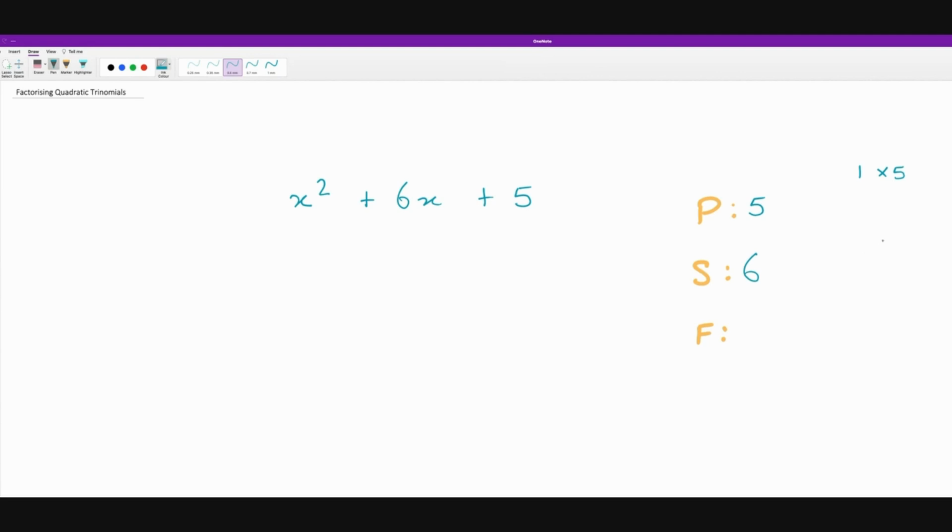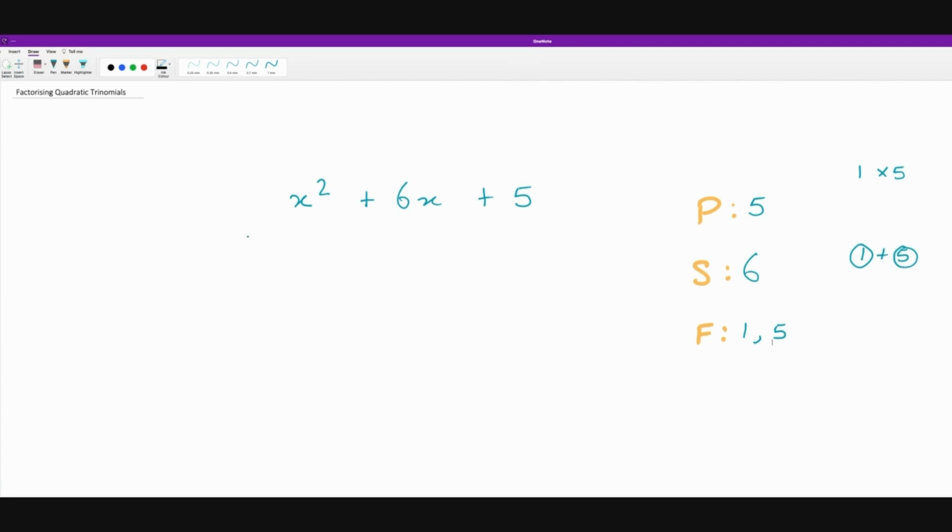And then I would test these two numbers, 1 and plus 5, to see if they add together or sum to give me 6. And let's have a go. 1 plus 5 does indeed give you 6. So these two numbers, 1 and 5, are your factors, and you'll put them down like this.